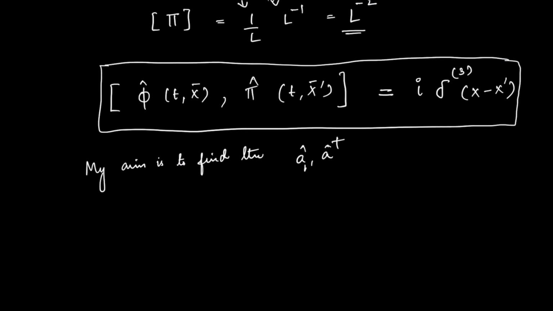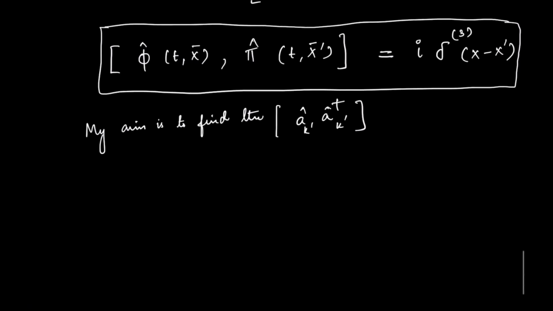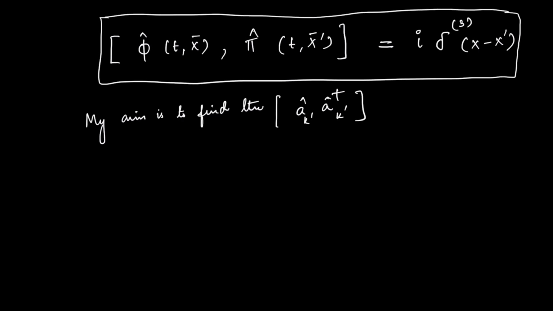But here it will be a_k and a_k prime dagger. Okay, a_k comma a_k prime dagger. So here there is an issue. You cannot directly find the commutator because here the modes are not the same. Here you have a_k and a_k prime.